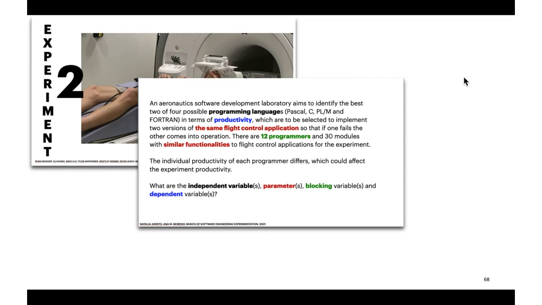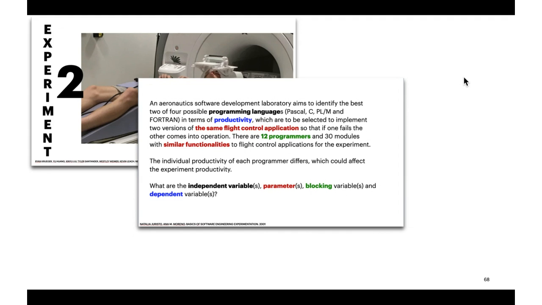Those variables are independent variables, also known as factors, parameters, blocking variables, also known as undesired variances, and dependent variables. Just to remind you, an independent variable is an input, something which we can influence. This is the variable we actually want to understand how it affects our dependent variables. In this example of the aeronautic software development lab, the independent variable was the programming language.